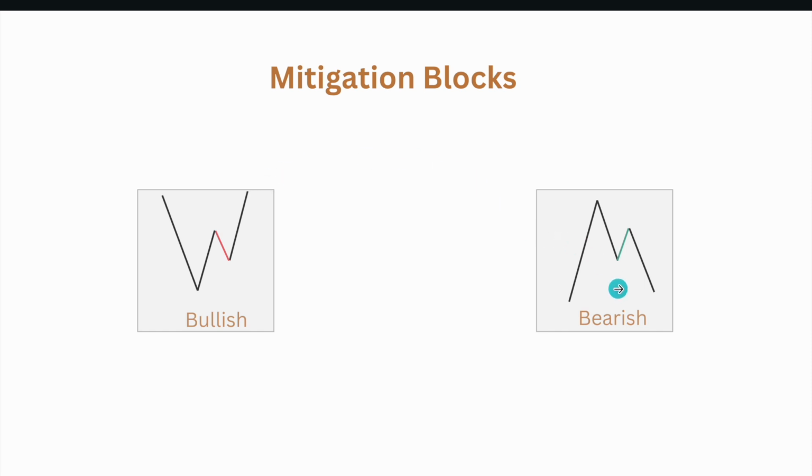In a bearish scenario, a bearish mitigation block happens at the end of an uptrend. After reaching a PD array and some retracement, price action fails to create a higher high and creates a lower high as compared to the previous high and changes the direction to bearish.